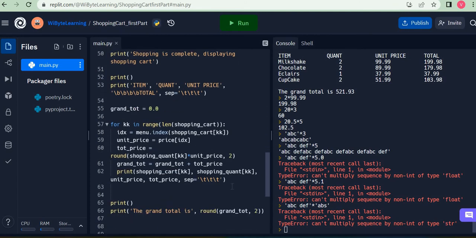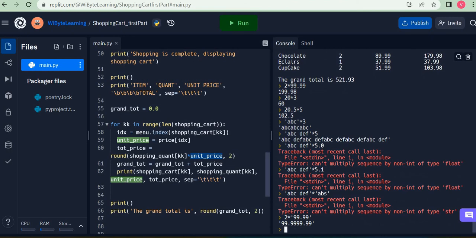So when I come to the shopping cart, I actually do the shopping quantity multiplied by a unit price. Now, unit price has to be a number. Shopping quantity is, of course, an integer. I want the result also to be a number. Like, for example, here, I did 99.99 times 2, it was 199.98. But let's say I did 2 times a string like '99.99'. Now I'm going to end up in a string which does not make sense as a number.